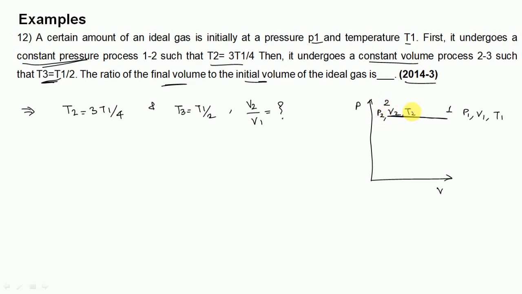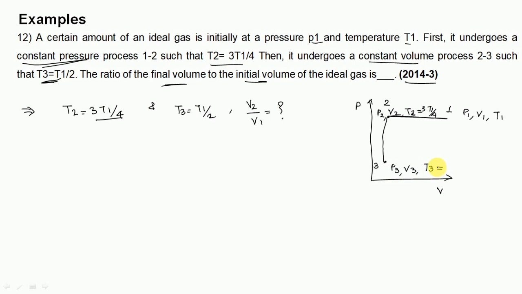The relation is given here between T2 and T1: T2 is equal to T1 by 4. The next process is carried out at constant volume, so I need to draw a straight vertical line. This is state 3, with states 1, 2, and 3, and here the pressure is P3, volume is V3, and temperature is T3.